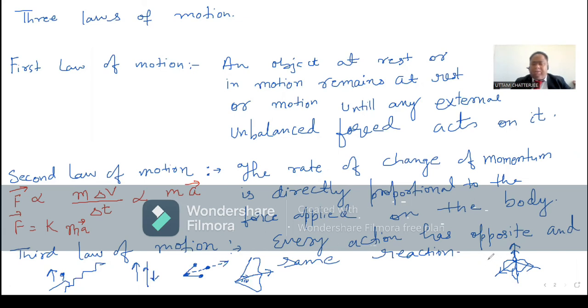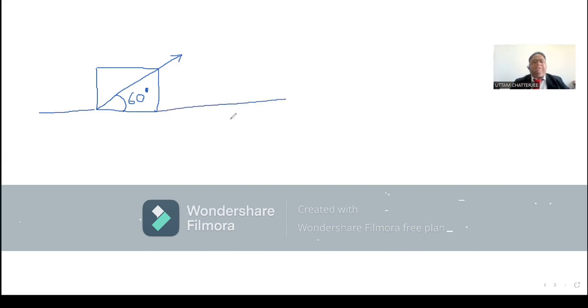Now let us try to understand the importance of these laws of motion by solving one small numerical problem. The problem says that an object is pushed with an angle of 60 degrees on a plane surface.